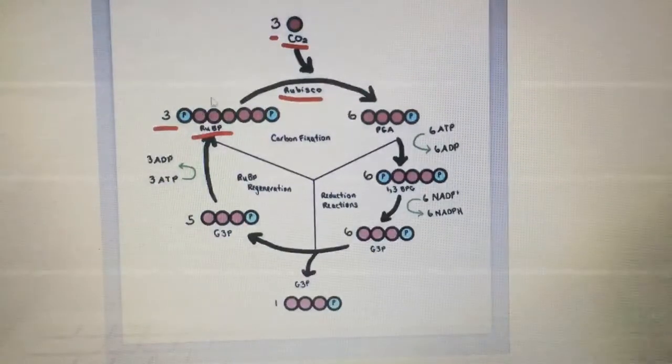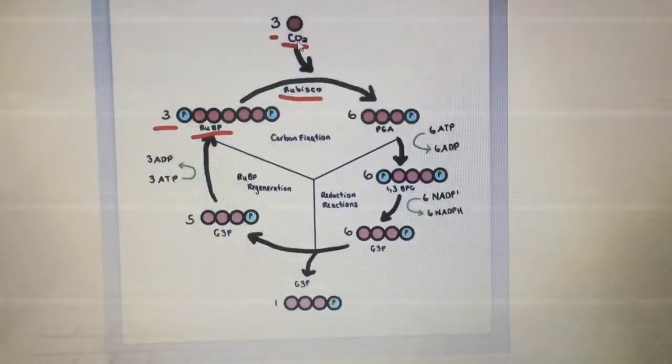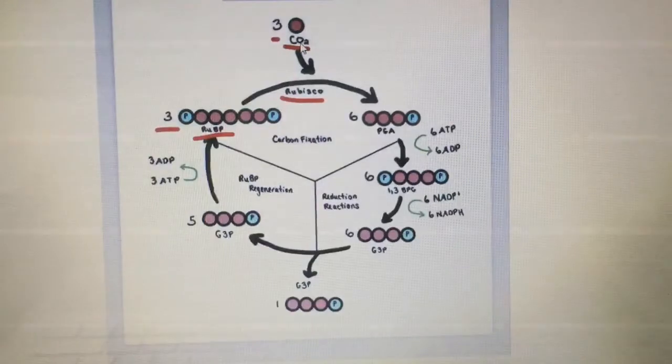The same goes for carbon dioxide. 1 molecule of carbon dioxide consists of 1 carbon, so 3 molecules of carbon dioxide means we get 3 carbons. So from the combination of 3 molecules of RuBP and 3 molecules of carbon dioxide, we are expecting to get a 6 carbon compound.